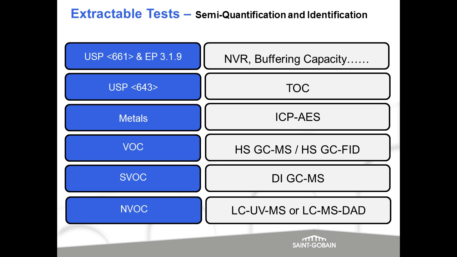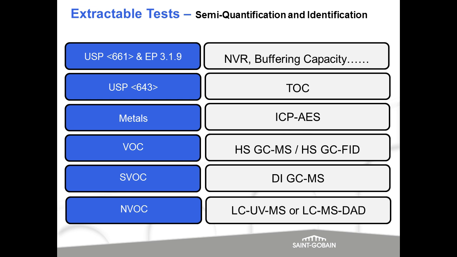So for our extractable program, we're doing semi-quantification identification. We do testing to USP 661 and EP 3.1.9. More is a legacy test to have crossover to previous or older testing, so we can see if things are in the same general buckets of gross extractables. Then we do USP 643.